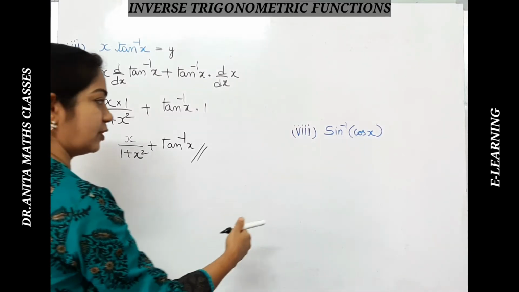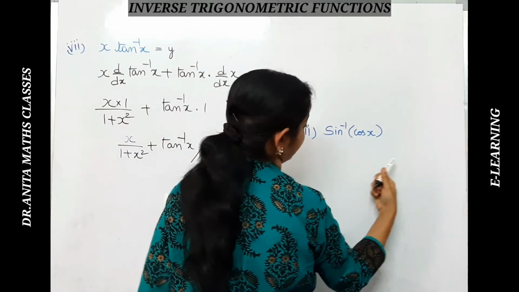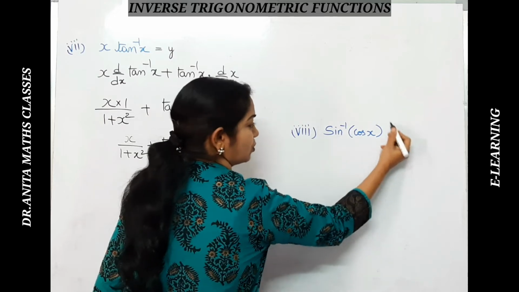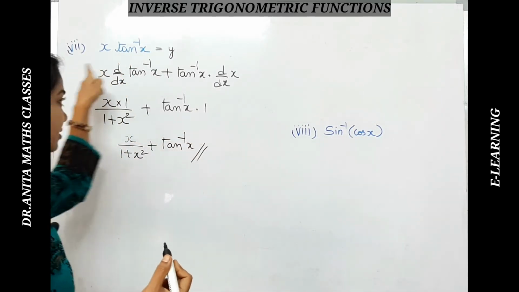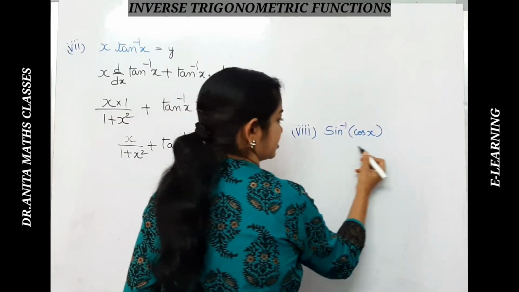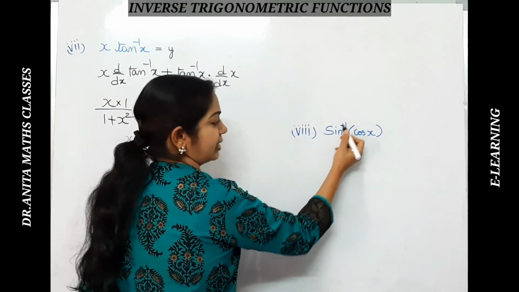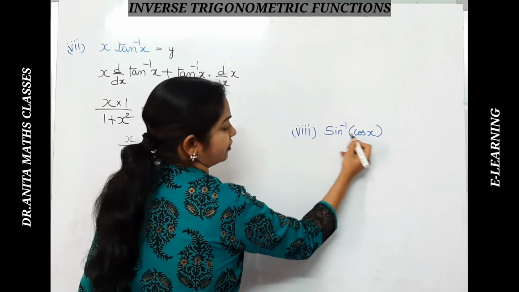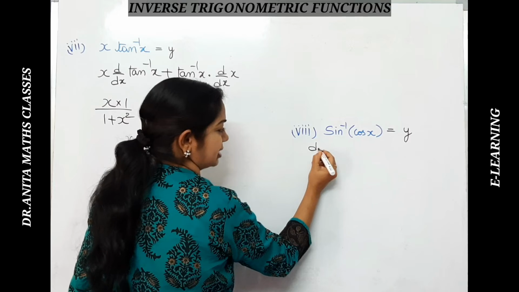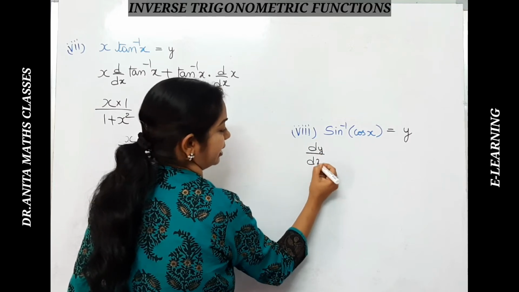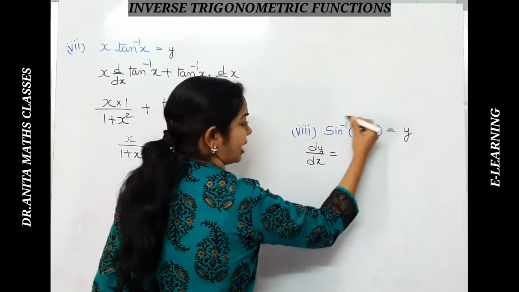Now moving on to the eighth problem, this is also an inverse trigonometric function. Now here there is only one function. In the previous one we had u and v, two functions, so I applied the product rule. Here we have sine inverse of cos x. Let us suppose this is y, differentiating with respect to x, dy by dx is equal to, this is sine inverse.